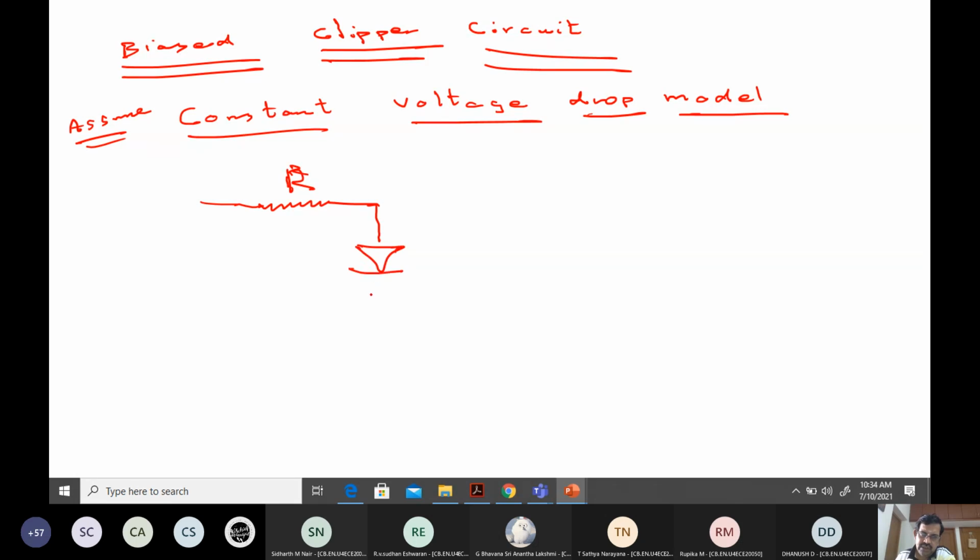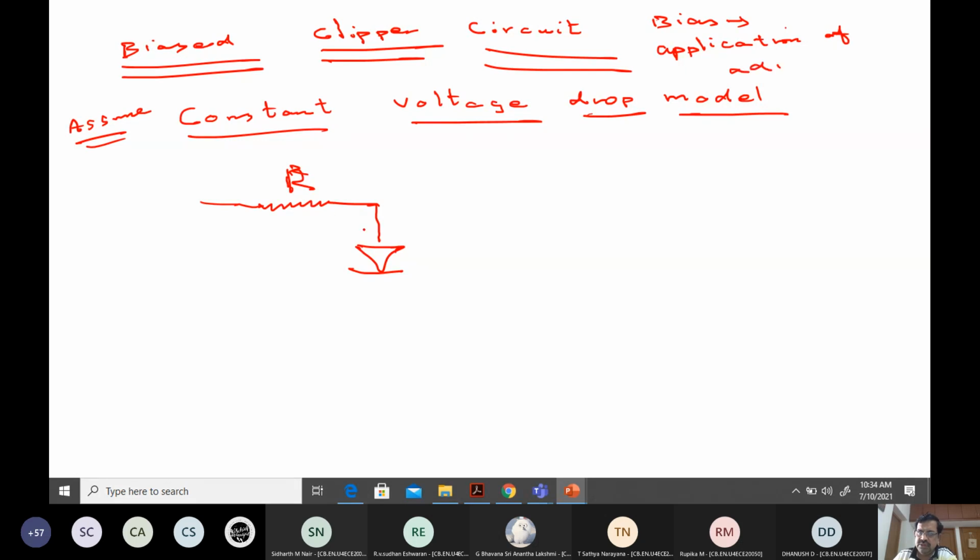And I have biased it. The meaning of bias is the application of additional voltage, an additional power source.